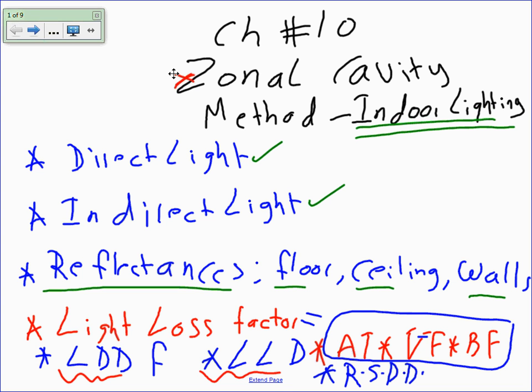Number two, the light that's reflected from the floor, ceiling, and walls. Thank God for Visual and AGI and all these software. We don't have to worry too much about it because we know how to use them. But I want to show you guys one example in your life of how to do it by hand.